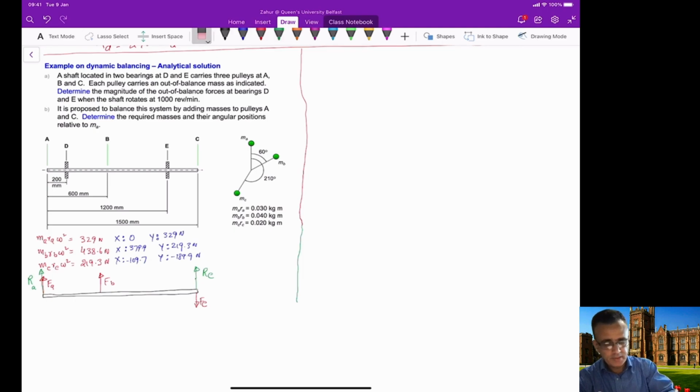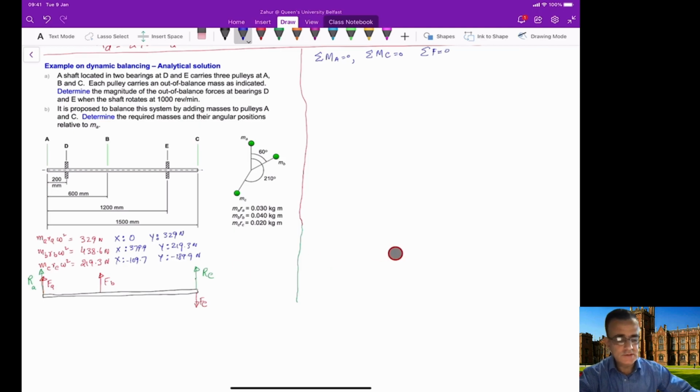As we know, for dynamic balancing we have three conditions: summation of all the forces, summation of all the moments at A equals 0, summation of all the moments at C equals 0, and summation of all the forces equals 0.